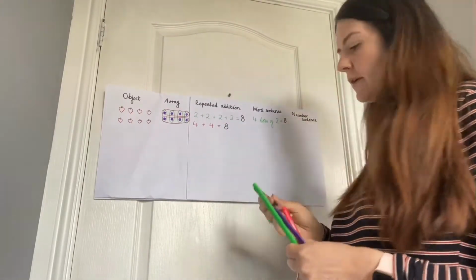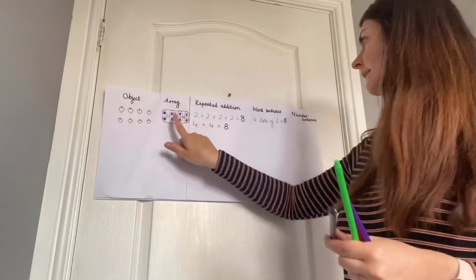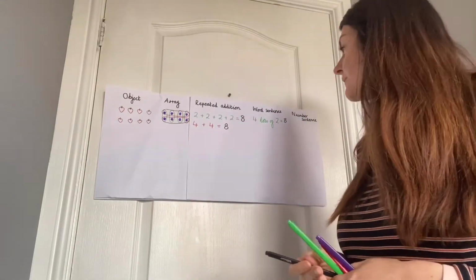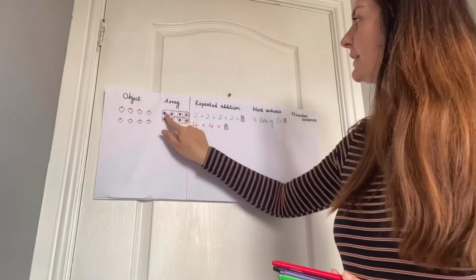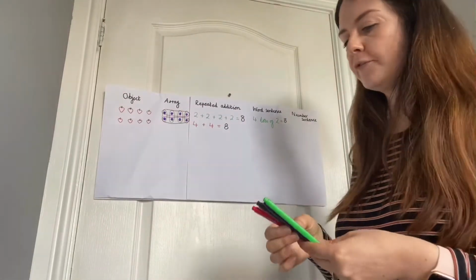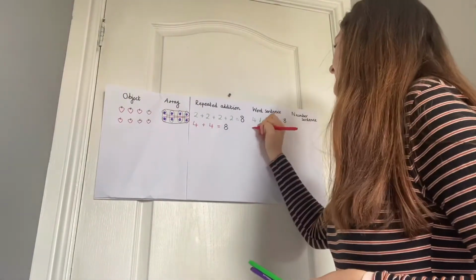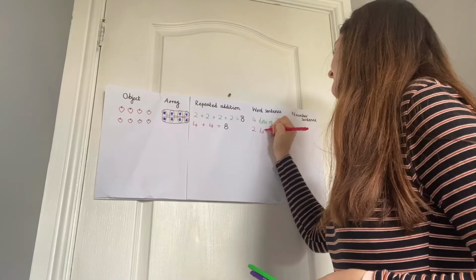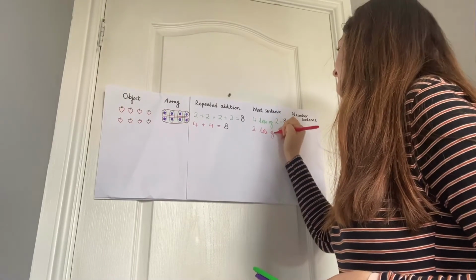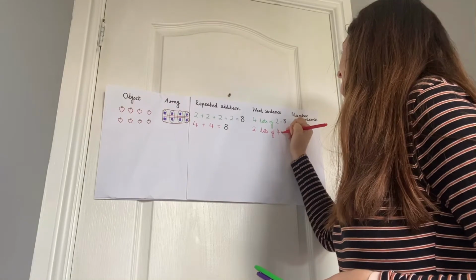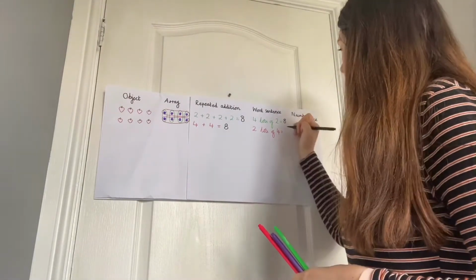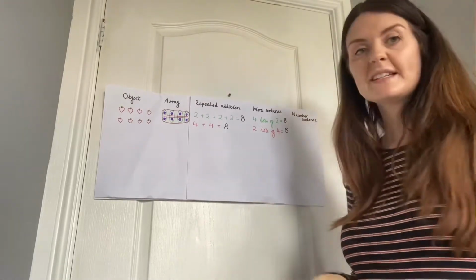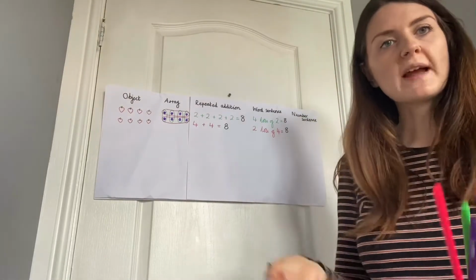But we also know that something lots of something equals 8 as well. So we know that 2 lots of 4 equals 8. Okay, so that's how I've switched those around. And we're still getting the same answer, but I'm just switching around the numbers in the question.